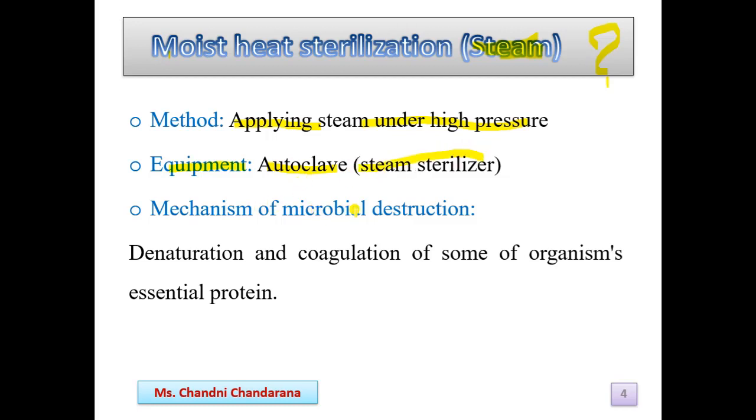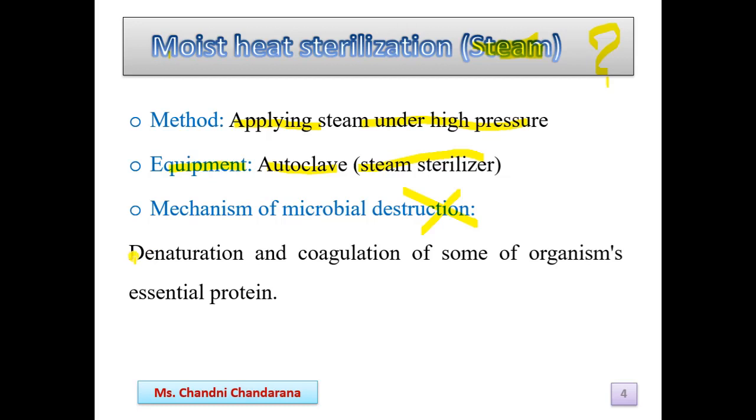Now what is the mechanism of microbial destruction? Means how we can destroy the microorganisms. When we apply the steam, the microorganisms get denatured, means the structure of the protein will change.